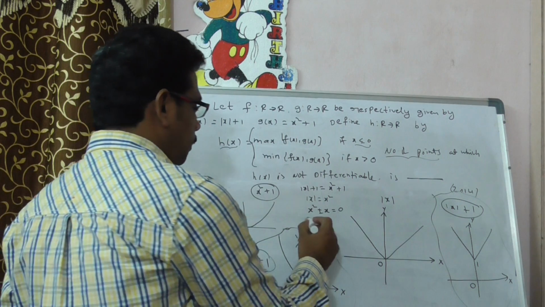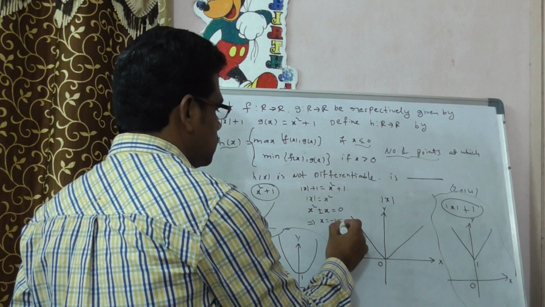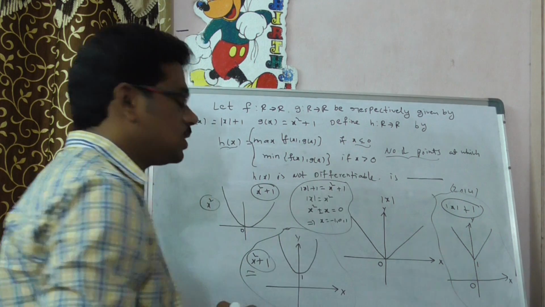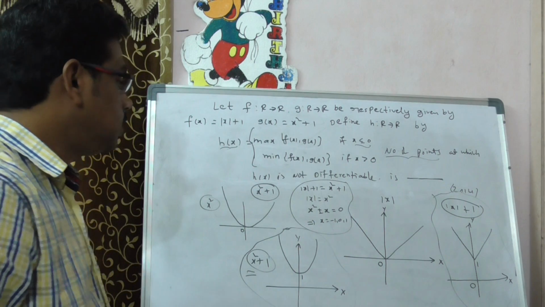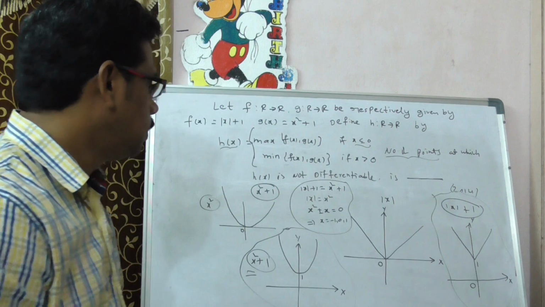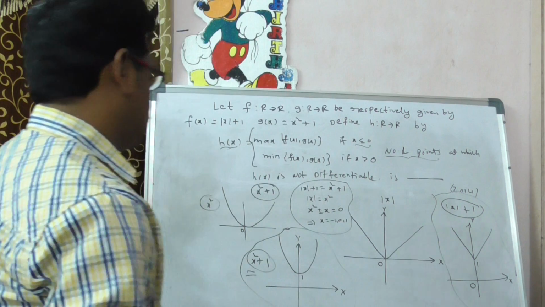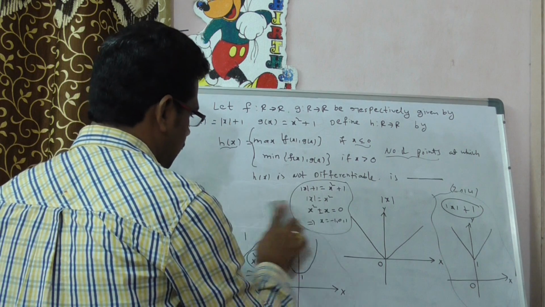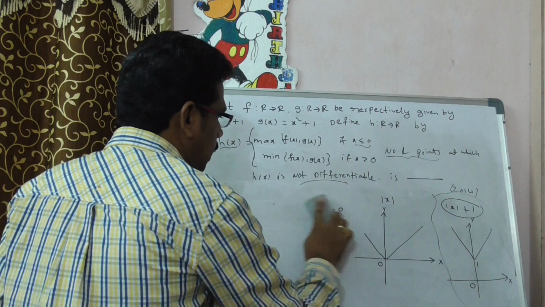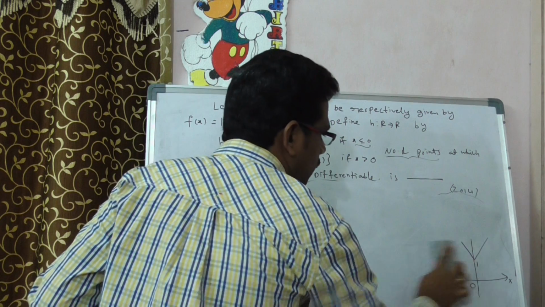So this gives x is equal to minus 1, 0 and 1. That means at minus 1, 0 and 1, these two graphs intersect. Understood? So now very simple. Now draw h of x. What is the required concept here? To draw h of x, combine these f of x and g of x.